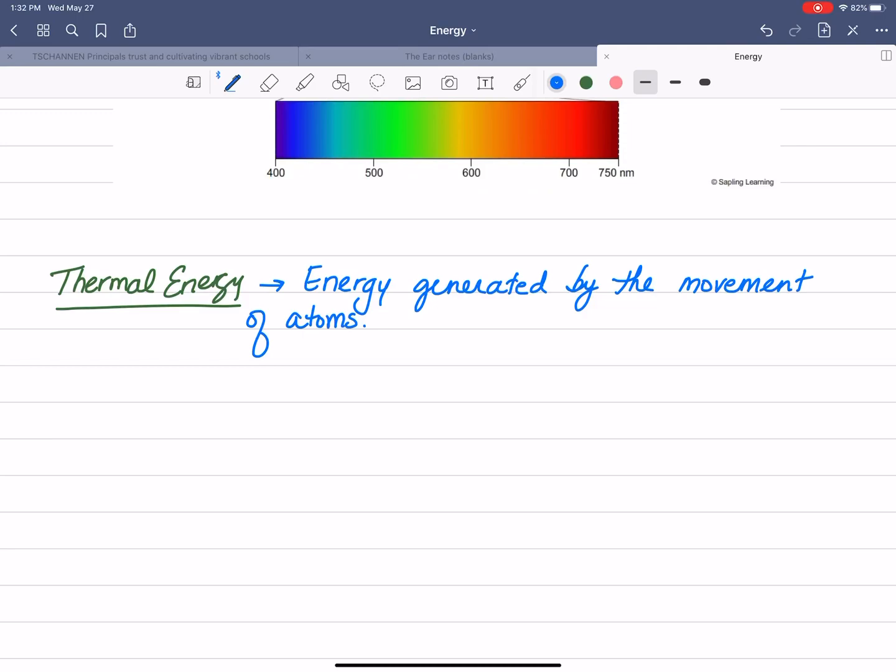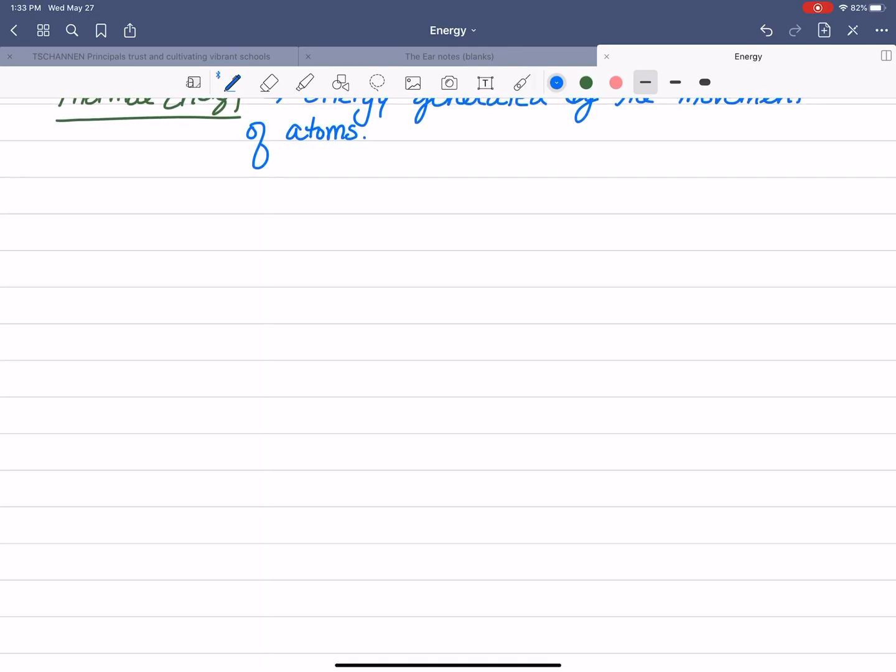Okay. And the last one, and the one that we're going to be focusing a little bit more on in this section of physics, is mechanical energy.